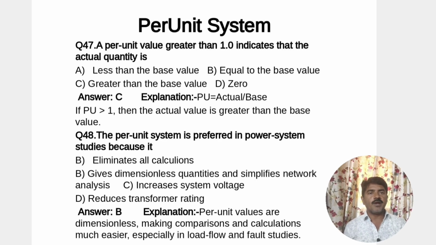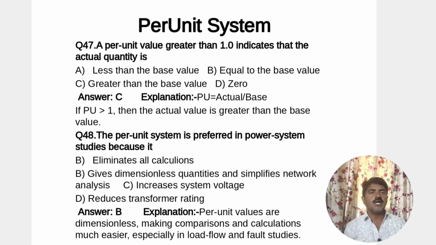47. A per unit value greater than 1.0 indicates that the actual quantity is. Here per unit value is actual value by base value. So per unit value is greater than 1, so here the actual value is more than the base value. So here C is the answer.